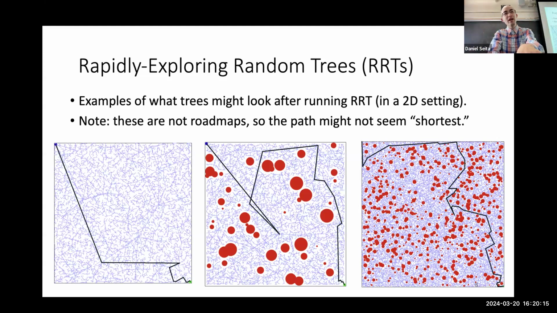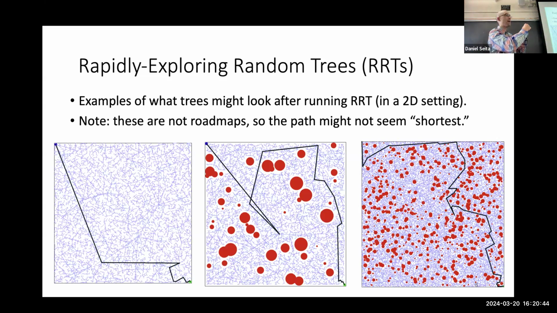When I was looking at this, my first reaction was that this doesn't look like a very efficient path. Especially in the second one, it looks like you're going towards the center, and then you go back, and then go around, and it feels a little bit inefficient. But this is RRT. It's not a roadmap, so you don't run a graph search to find the most efficient path.